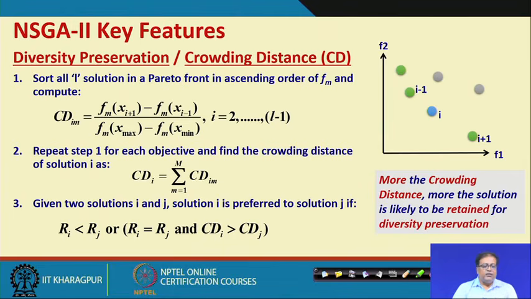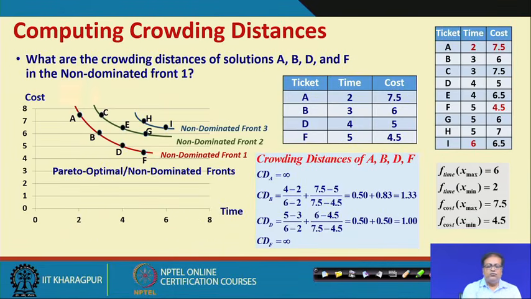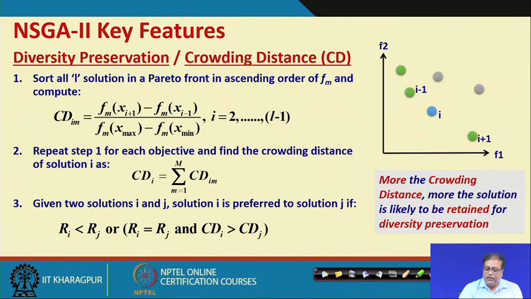So, how do we calculate the crowding? The crowding can be calculated this way: for every objective function, f_m is an objective function value. So, this is the crowding distance for i. Suppose we sort them according to the objective function, then what is the crowding distance of i?